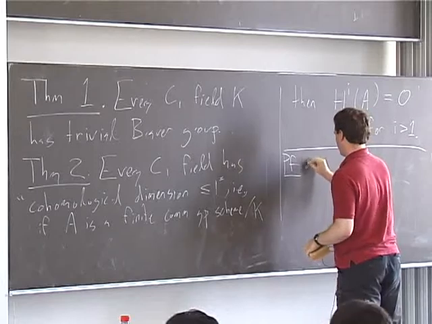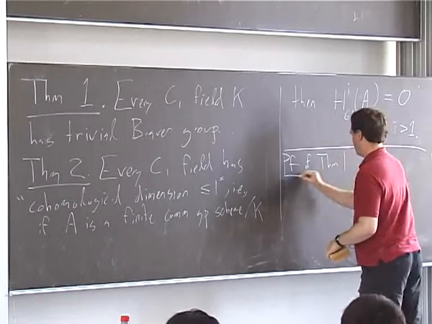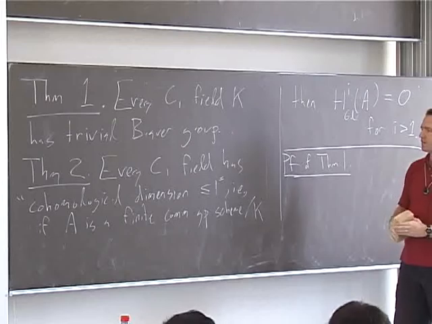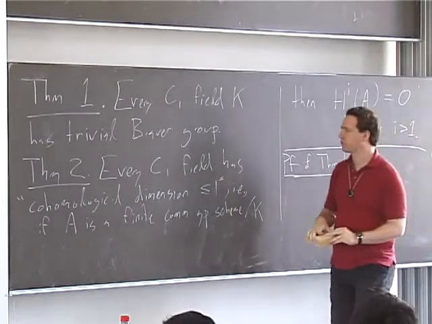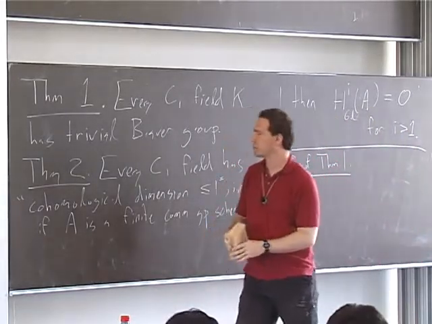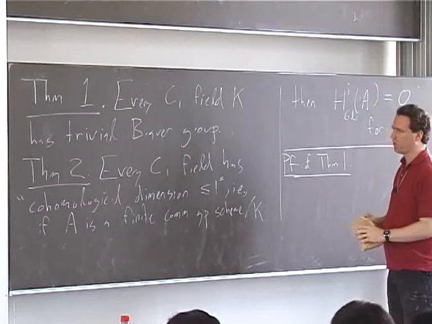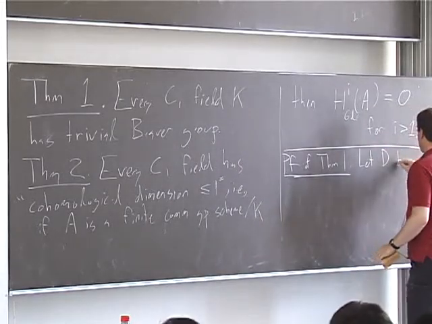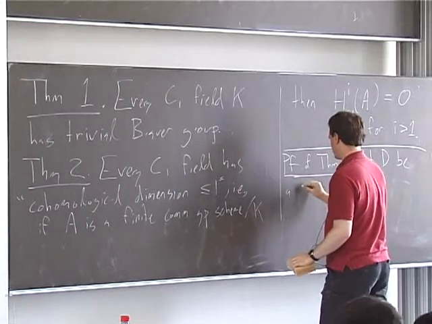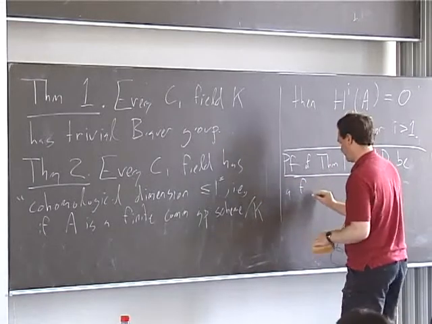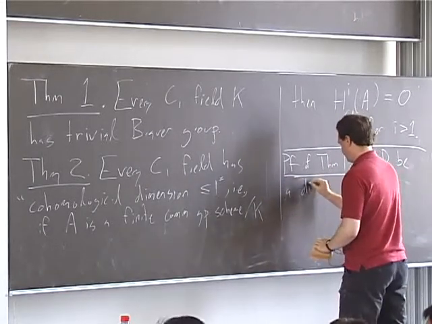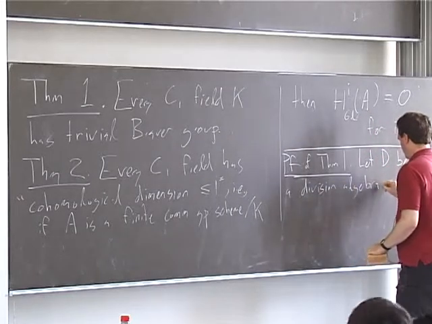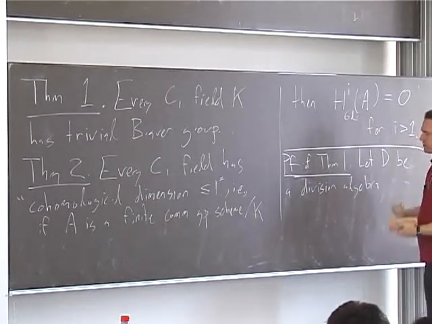Proof of theorem 1. The Brauer group, as you learned last week, is the group of central simple algebras up to Morita equivalence, but every central simple algebra is equivalent to a division algebra. So let D be a finite dimensional division algebra with center K. In particular, it's a vector space. And what's the dimension of this vector space?